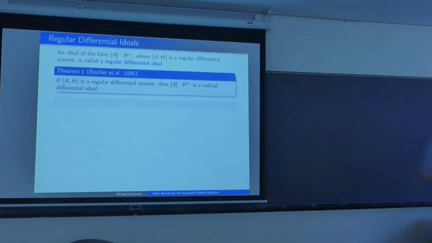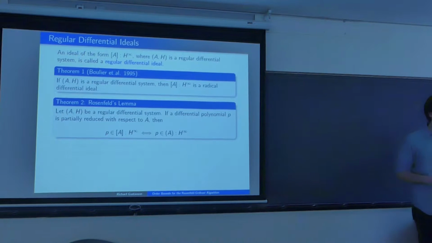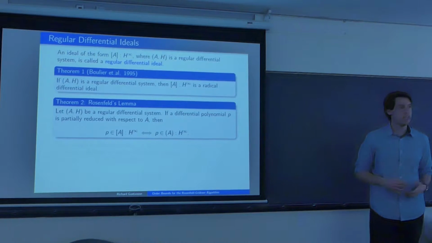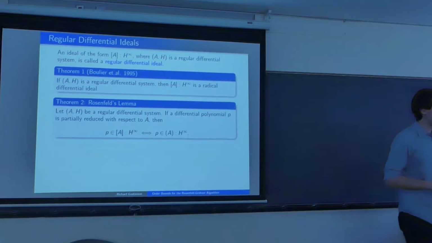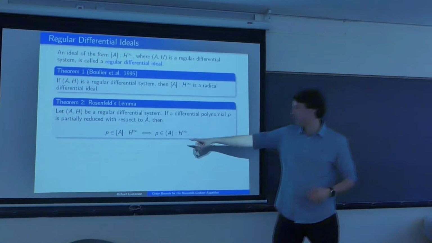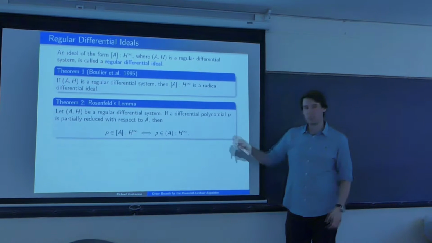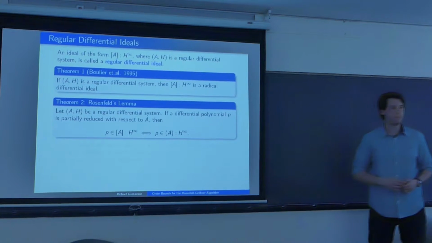But more importantly for us is Rosenfeld's lemma, which says that if we have a regular differential system, and a differential polynomial p that's partially reduced with respect to A, then p is in this differential saturation ideal if and only if it's in this algebraic saturation ideal.